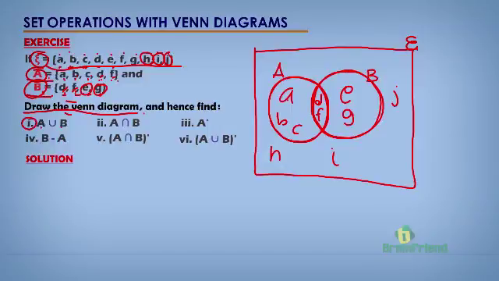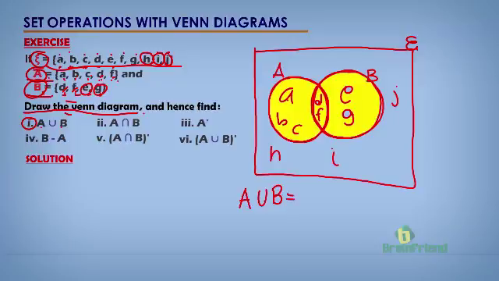A union B. A union B would be the region or the part of the sets A and B that has every element listed. That is, the elements of A combined with the elements of B. So we have our region here, our region here, and our region here. The region colored yellow is the region of our union A union B. That region contains the elements.